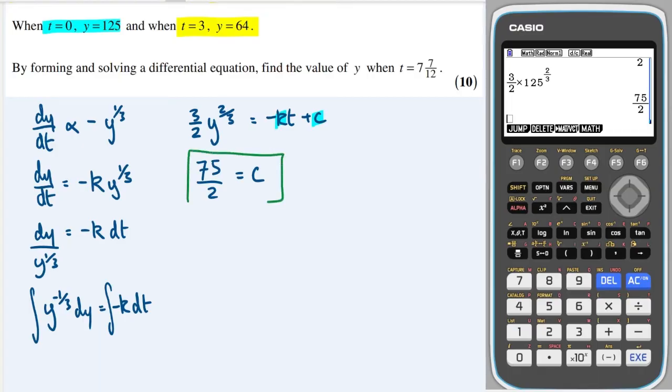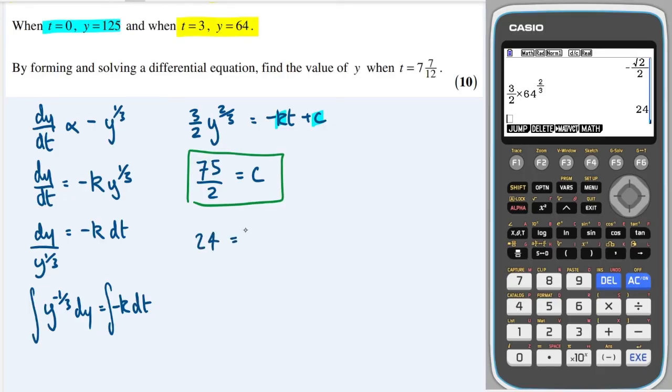Great. Now we use the other bit of information, and that is when y is 64. So going to my calculator and changing y to 64 is going to give me 24.